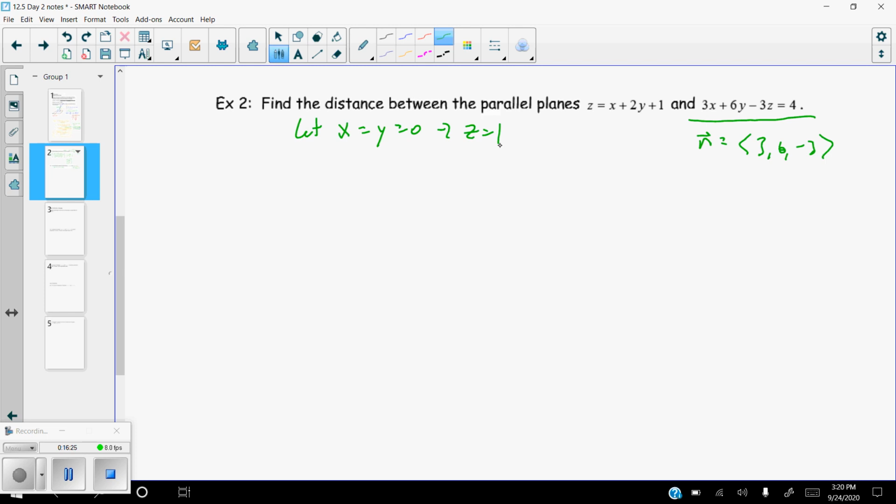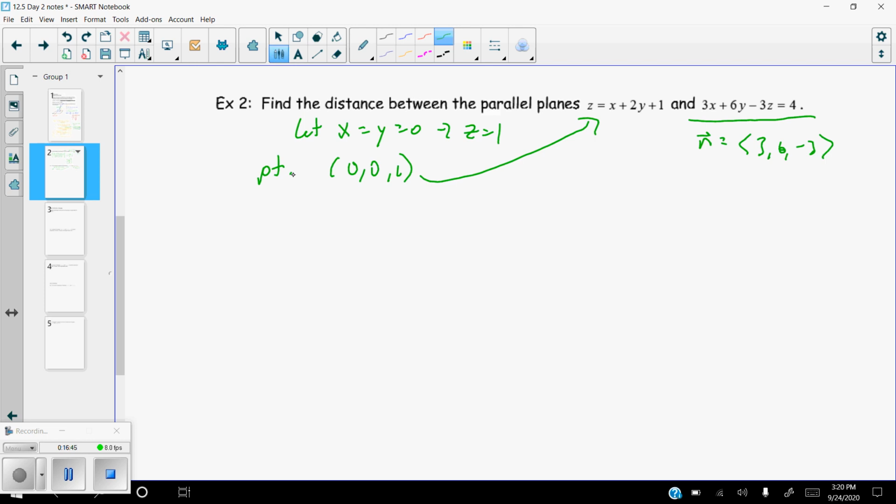Well, that point lies on the plane, so now I have a point (0, 0, 1), and that point comes from that plane. So I have a point on the first plane, I have a normal vector from the second plane. Now we can find the distance from that point down to the other plane.